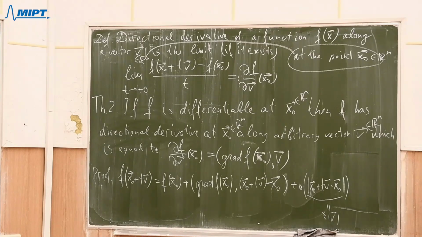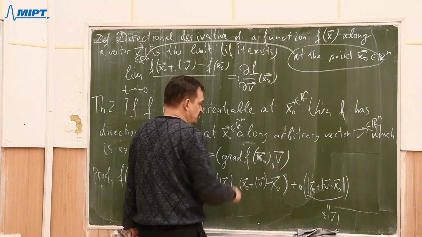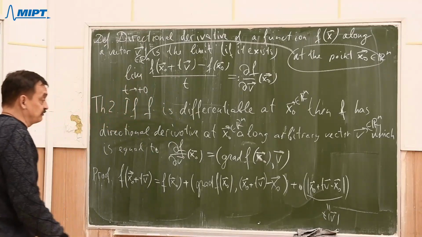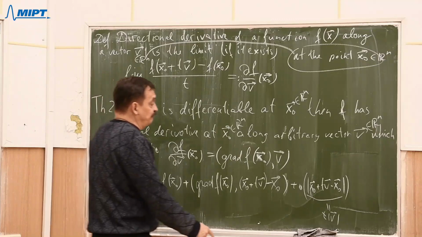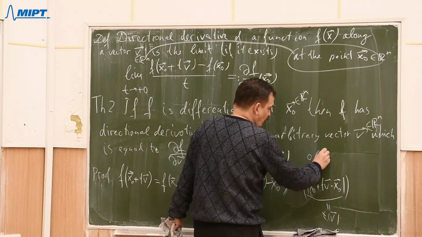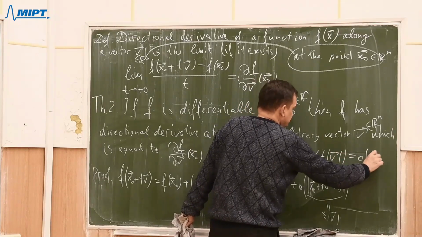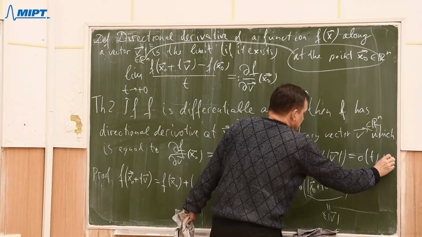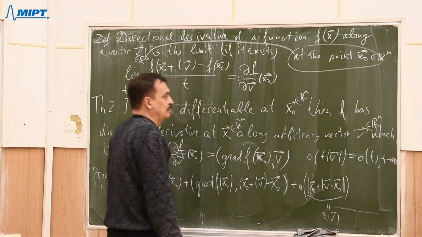In fact, you don't need to suppose that f is differentiable to get it. So if v equals 0, then this equality is trivial and the assertion is trivial. And if v is not equal to 0, then little o of t times norm v equals little o of t, as t tends to plus 0, right?